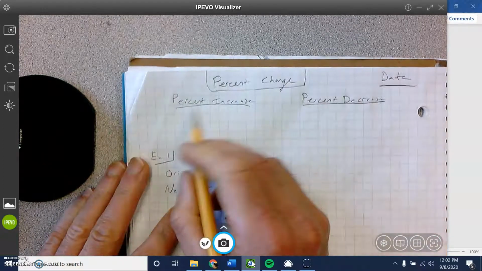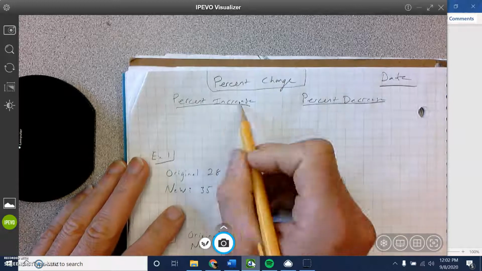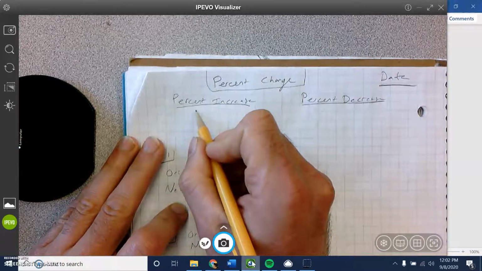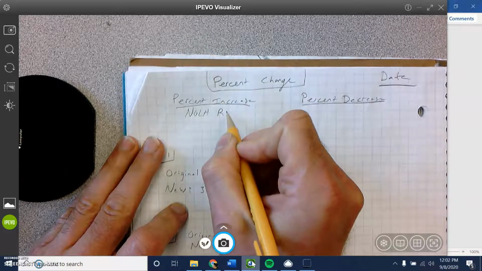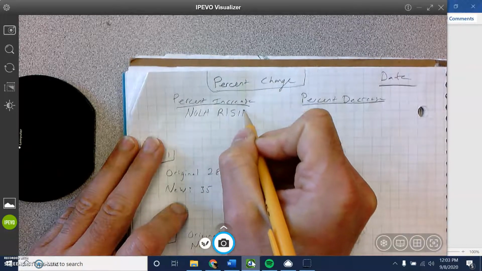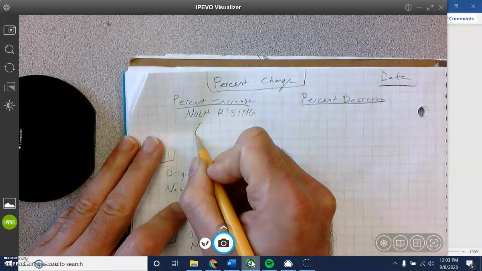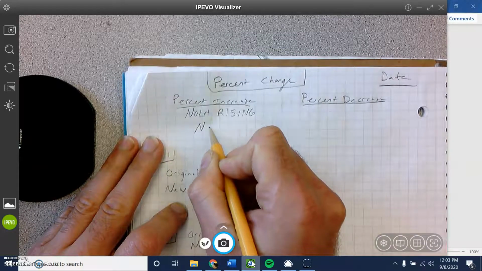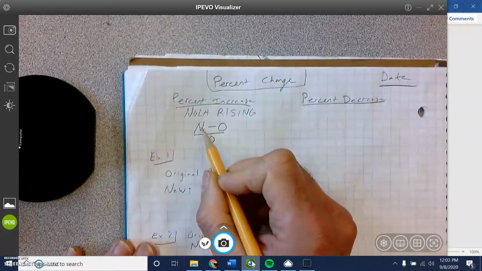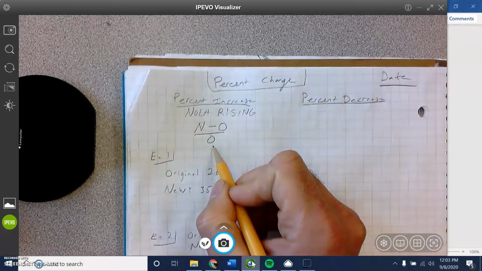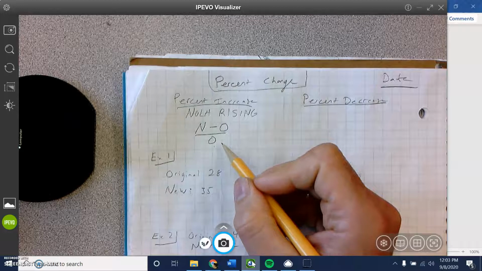Okay, so percent increase. This is NOLA rising. That's how I remember it. Where it's new minus old over old. This is new minus old over old. And I'll go over what that is in a second.